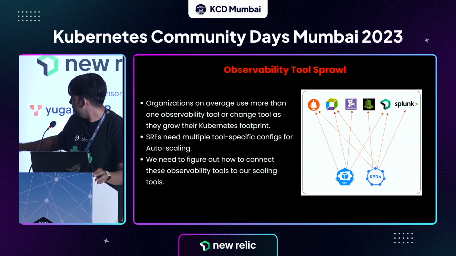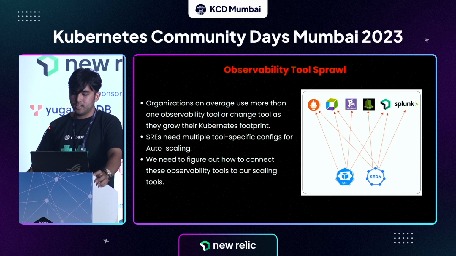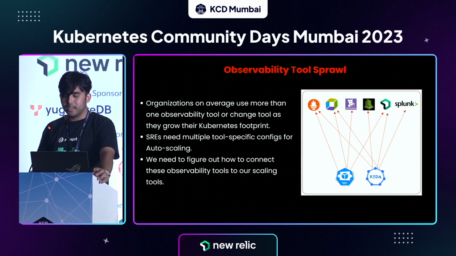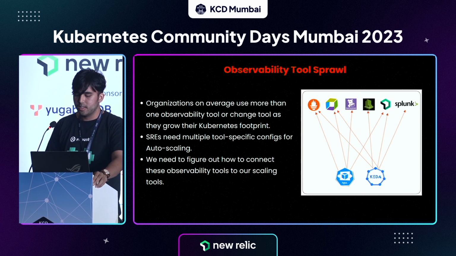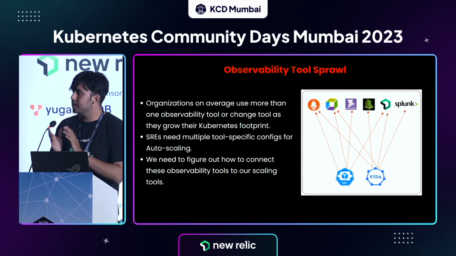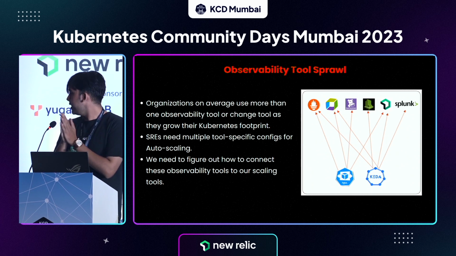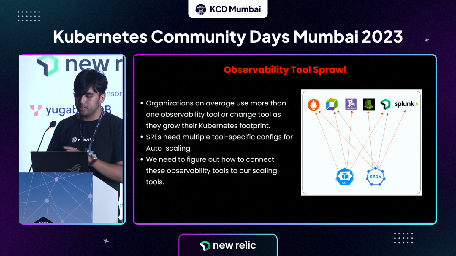Like you might be using Prometheus, Datadog, New Relic, Splunk, then KEDA is also an autoscaling tool. It scales horizontally too. So things can often get difficult to manage, all these integrations, these plugins. So we need a standard to simplify all this stuff so that it gets easier for us to maintain these integrations and plugins.